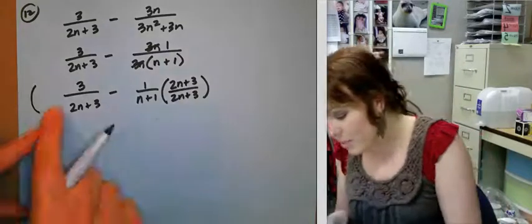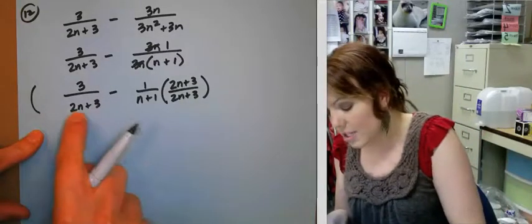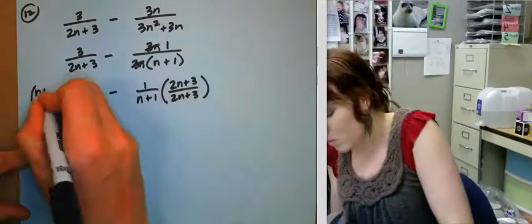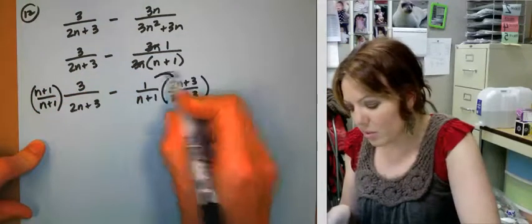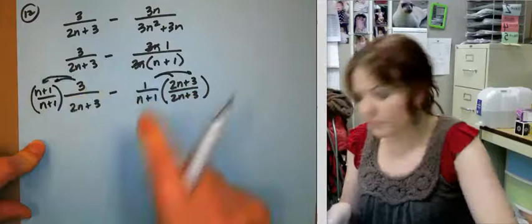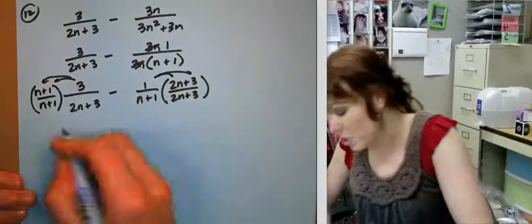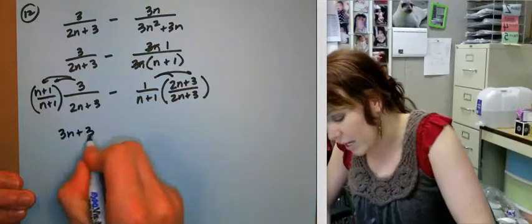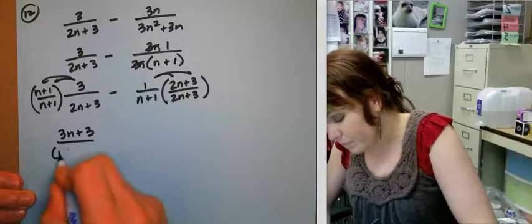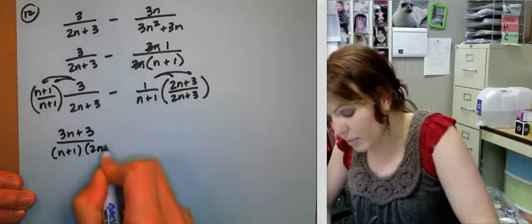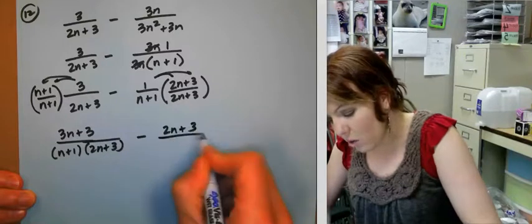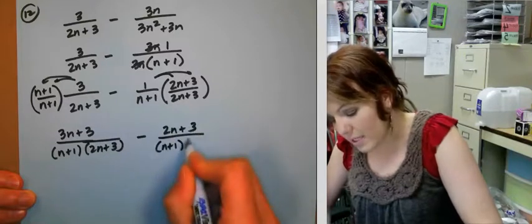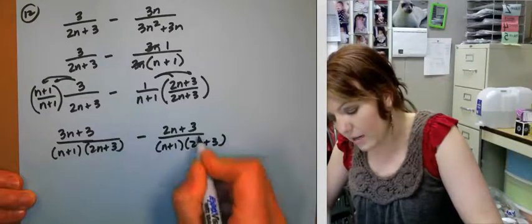All right, we're going to do the same thing over here. This one has a 2n plus 3, but it's missing an n plus 1. So we multiply by n plus 1, and then we distribute, sort of a backwards distribution on this one. So we end up with 3n plus 3 over n plus 1 times 2n plus 3 minus 2n plus 3 over n plus 1 times 2n plus 3.